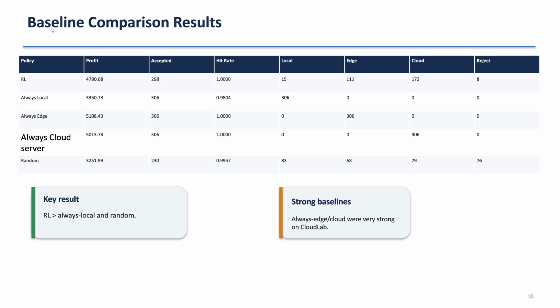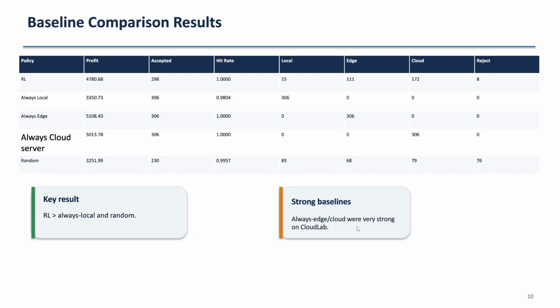So the baseline comparison result shows the RL agent has larger profit than the average local and random compute. But there are also strong baselines, which are always cloud and always edge.